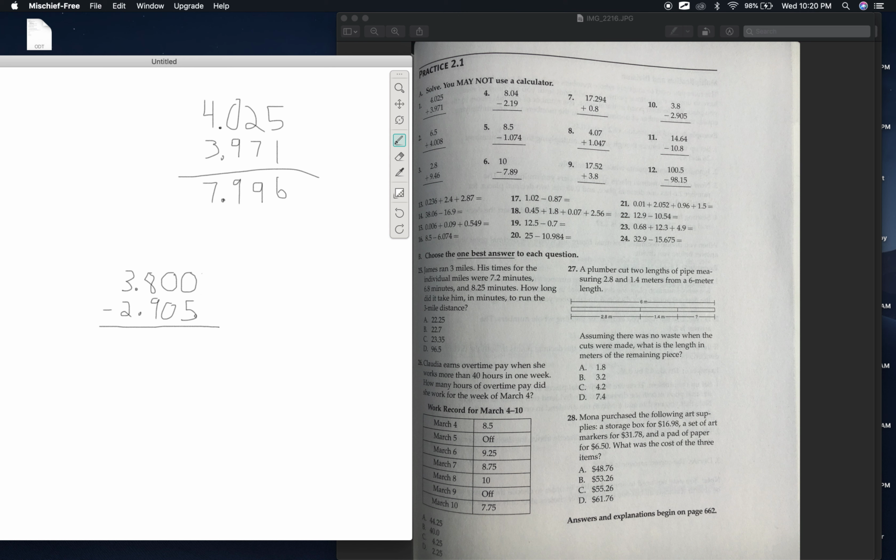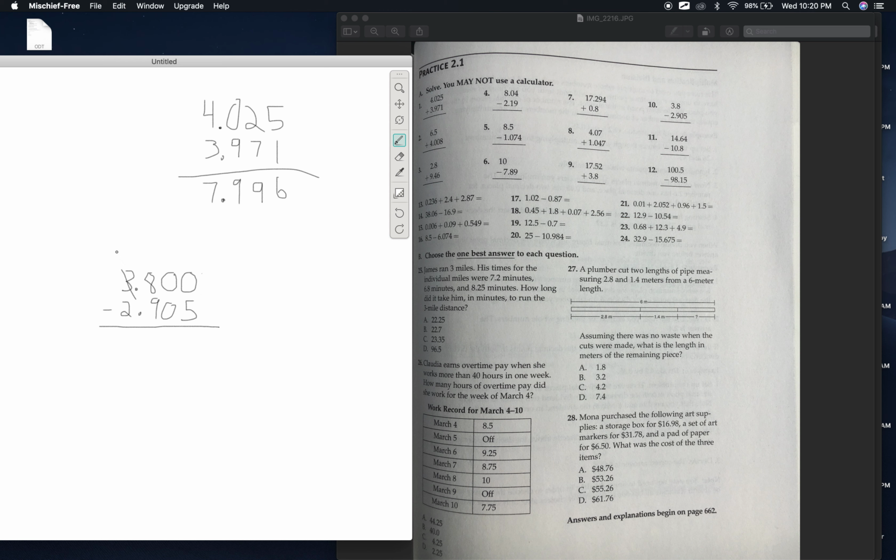So we can't do 0 minus 5, so we need to borrow from this, but we can't borrow from that because it is too small. Well, it's nothing. And we can't borrow from this one because we're going to need to borrow from the 3 for this calculation. So we'll just start all the way from the left.